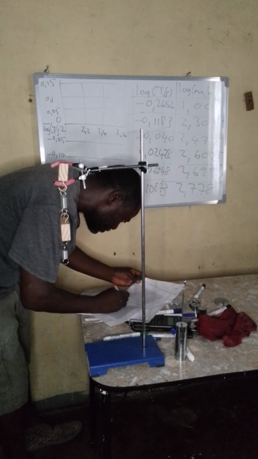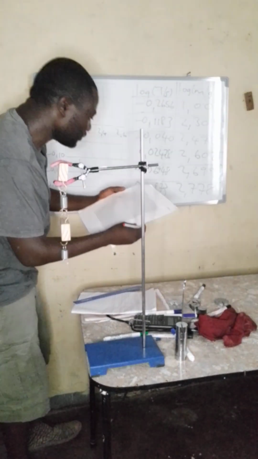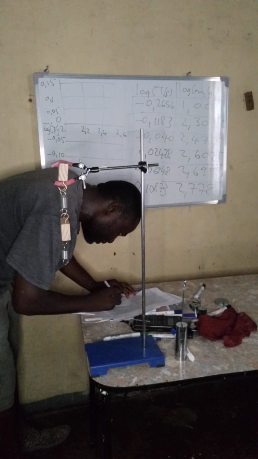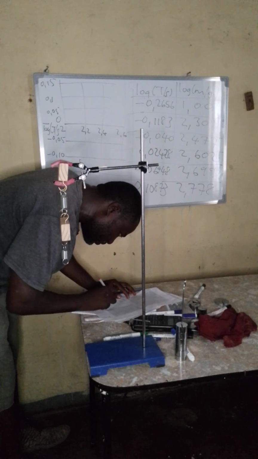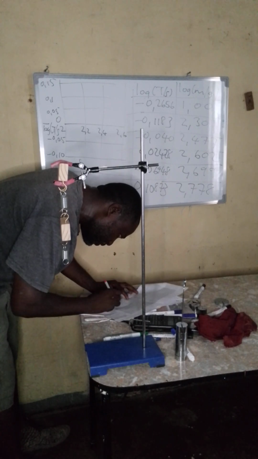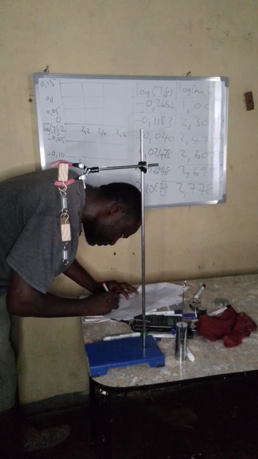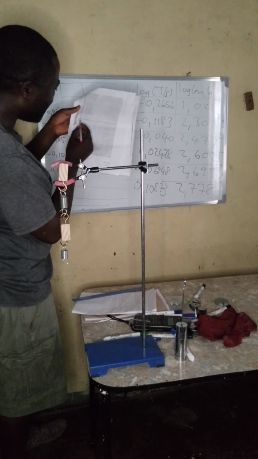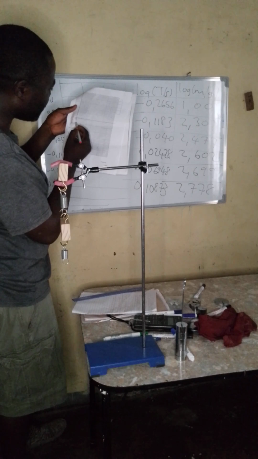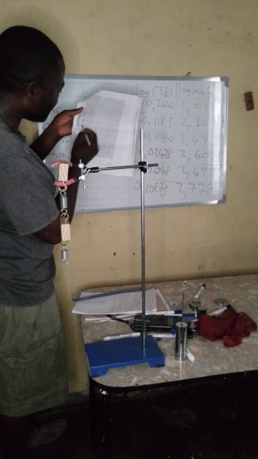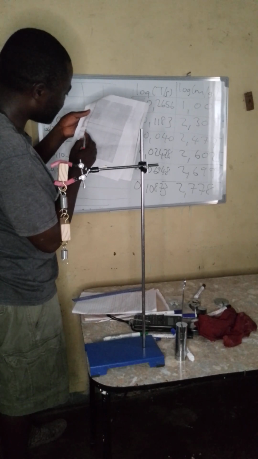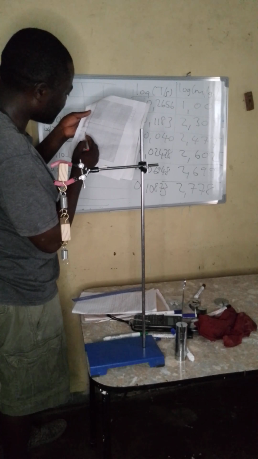So the first divisions will be 0,01, 0,2, 0,3, 0,4, 0,5, 0,6, 0,7, 0,8, 0,9, 0,1.